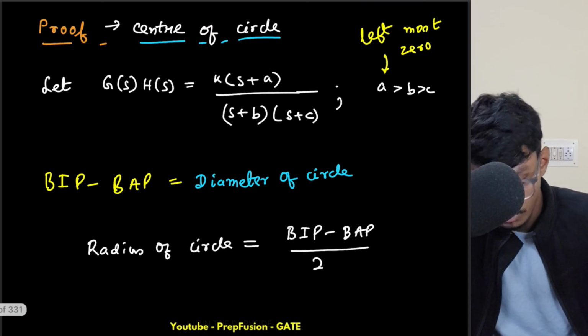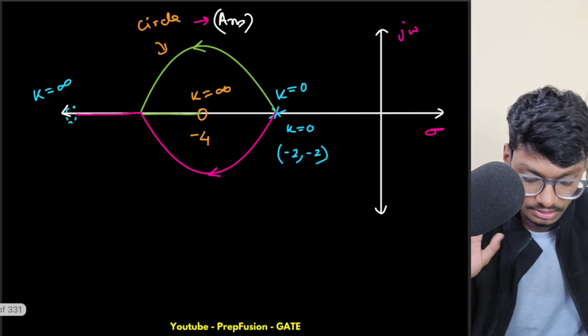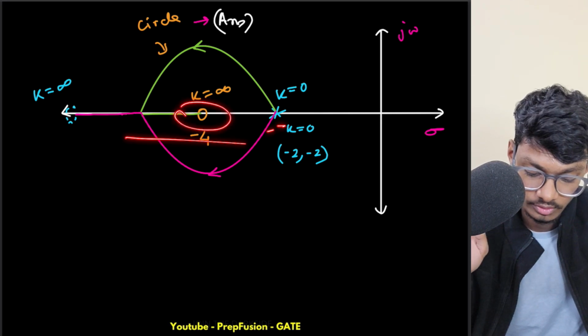Now what about the center of the circle? I went from center to radius, sorry. So the center will simply be the addition of these two divided by 2. Center of these two.